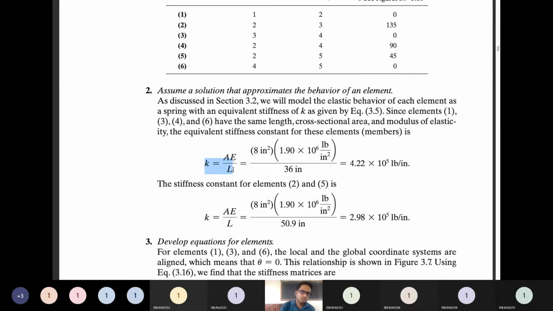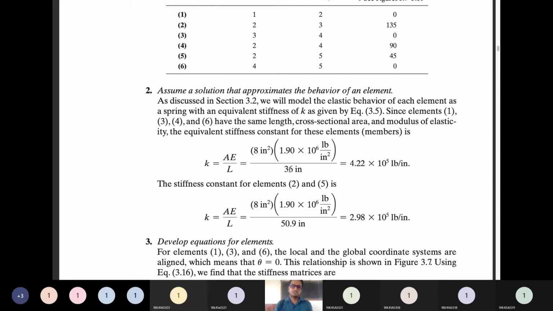All three values are given in the numerical: cross-sectional area is 8 inch square, and modulus of elasticity E is given as 1.9 × 10^6.